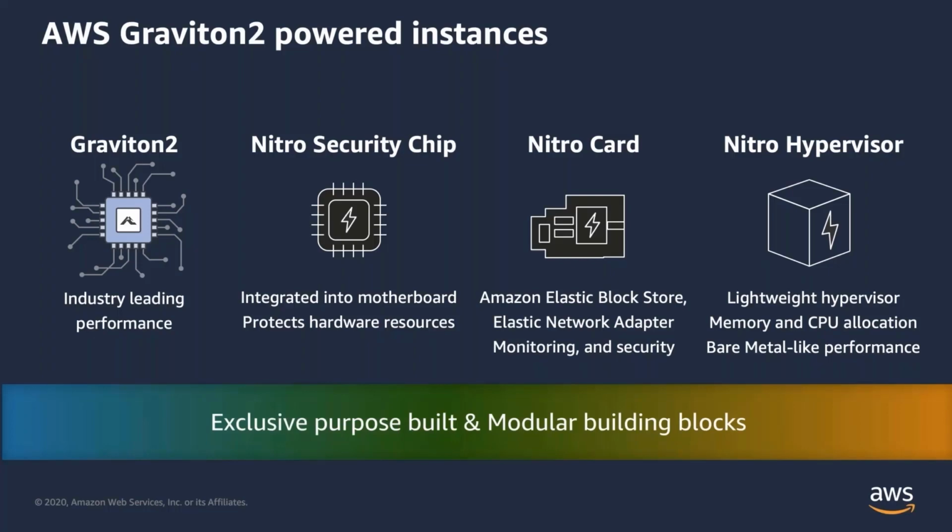Graviton2 based instances use the Nitro security chip that protects our firmware from tampering from users, the Nitro cards that provide a level of abstraction as far as Amazon Elastic Block Store is concerned, providing elastic network adapters and monitoring and security. And it leverages the Nitro hypervisor, which is a lightweight hypervisor managing the memory and the compute resources and providing bare metal-like performance.